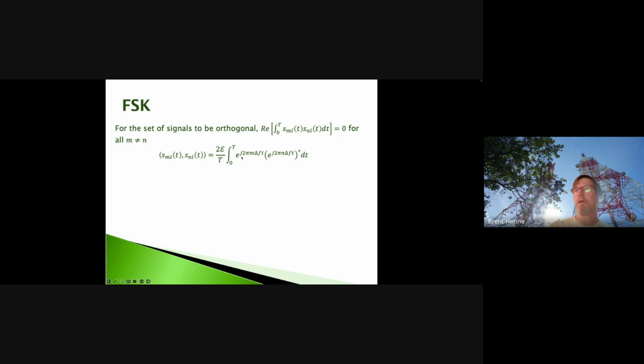Here's another way of writing this. Now we've got the energy out front. We've got these two terms where really the only difference is m versus n, and to be proper, we're taking the complex conjugate over here. Now we can combine these two.